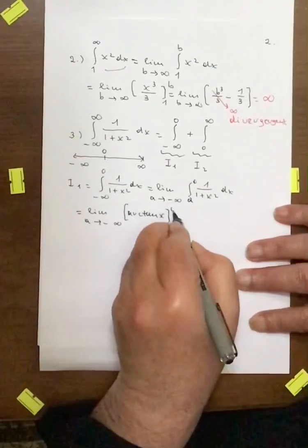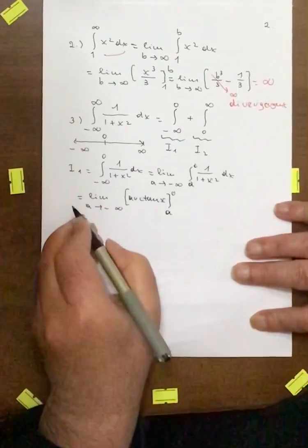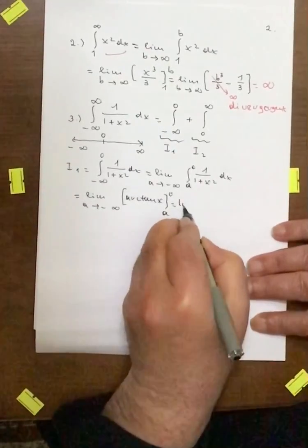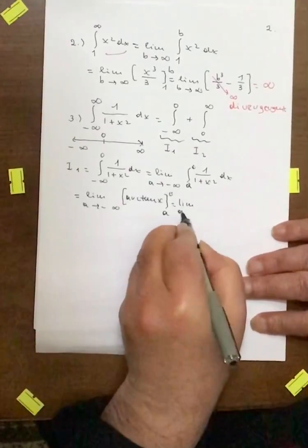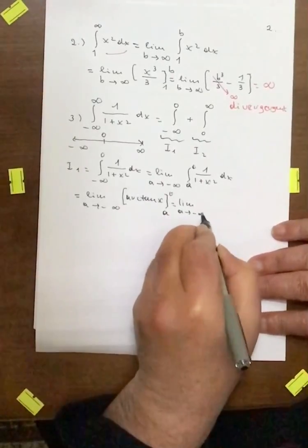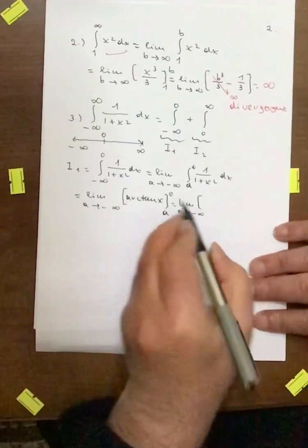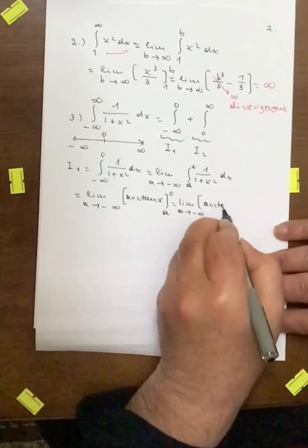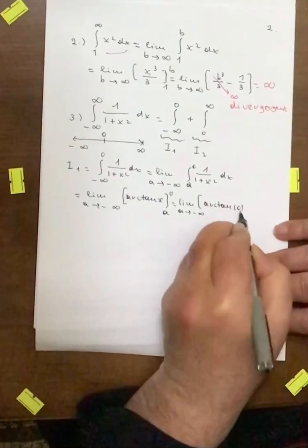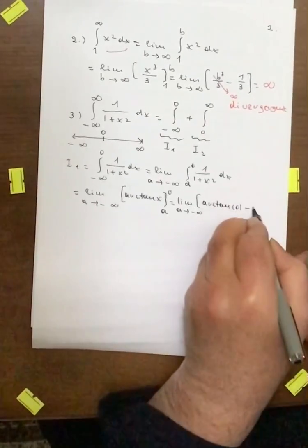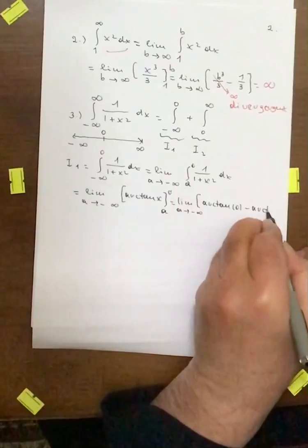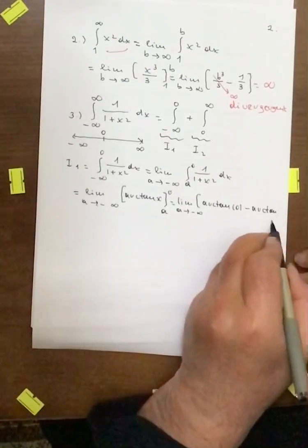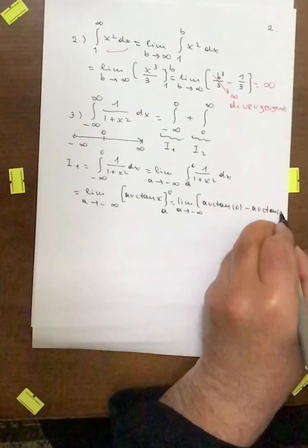From a to 0. Now we can write the limit as a tends to minus infinity of arc tangent 0 minus arc tangent a.